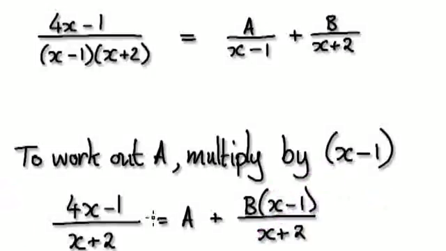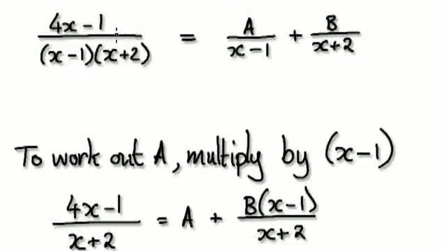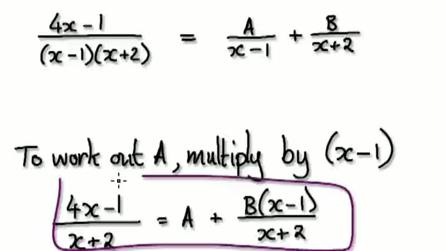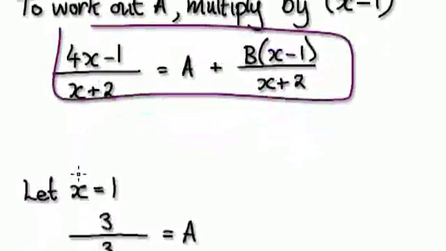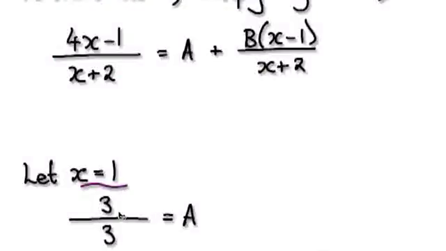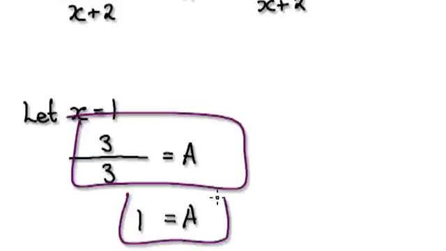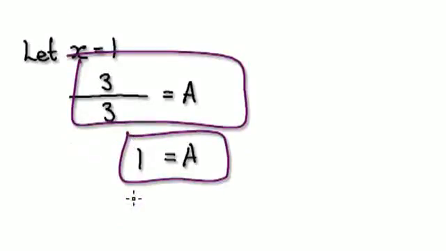So start again, sorry. If you're looking at this here, multiply both sides by x minus 1. That will then give you this. And then from here you would let x equals 1. Then that would give you this, and then A would equal 1. Okay, so we've found A.